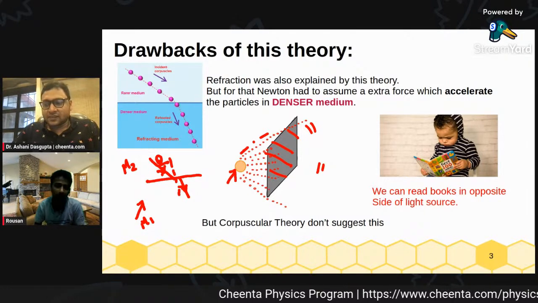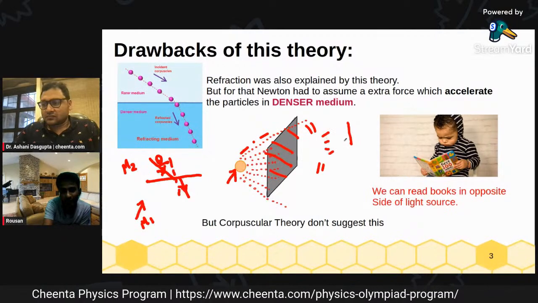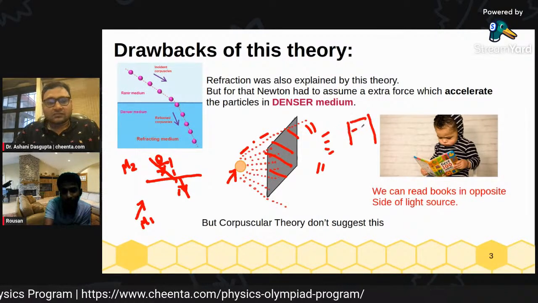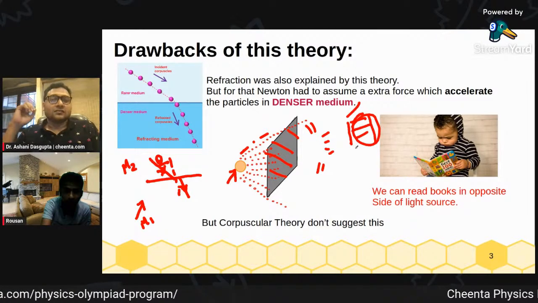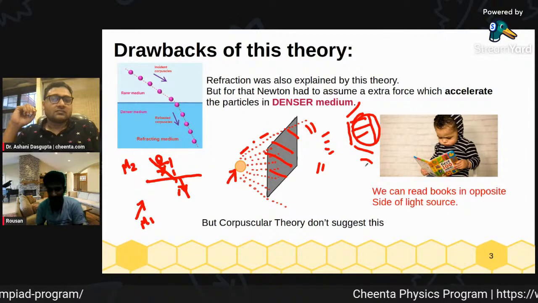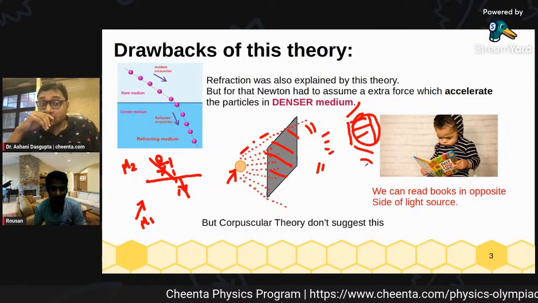If I have a particular line, let's say, and I throw hundreds of balls, what will happen? At this particular region, there will be no balls. Every ball will hit the other regions, right? Right, so this is basically what our common sense tells us.